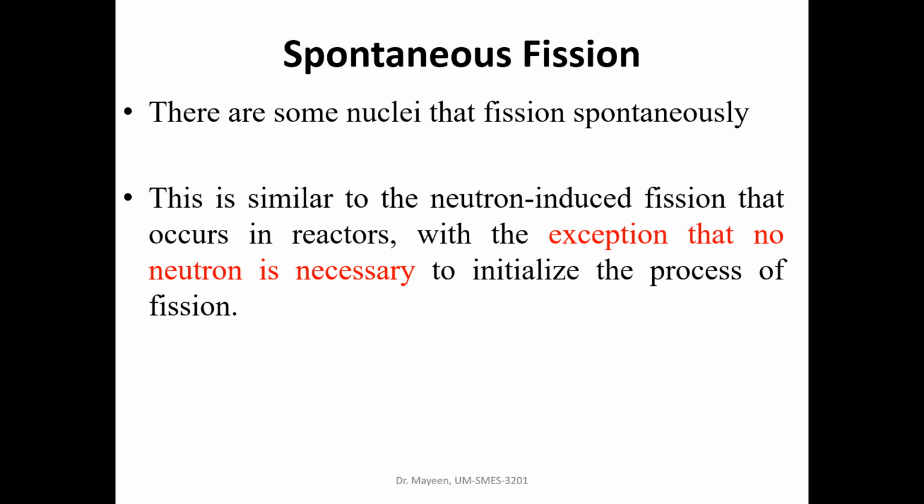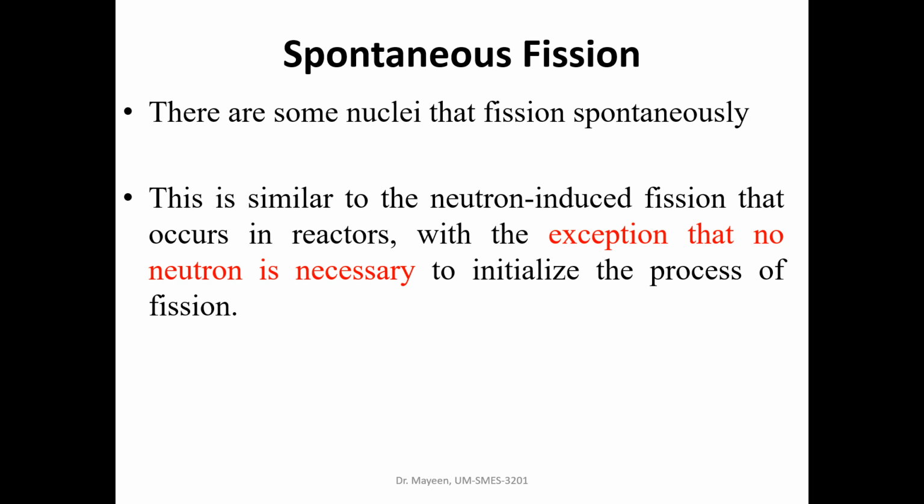Some other possibilities arise in the case of spontaneous fission. In the nuclear physics 2 course, we will discuss nuclear fission. Fission is basically the splitting of a heavier nucleus into two or more daughter nuclei. There are some nuclei that fission spontaneously.